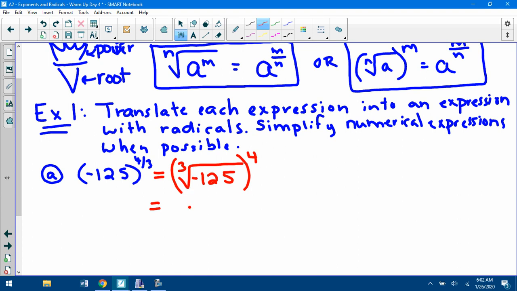So this is going to be negative 5 raised to the 4th. And if you don't know that, you can plug that into your calculator at this point. But negative 5 to the 4th, so negative 5 times negative 5 is 25, times negative 5 again is negative 125. If I multiply that by negative 5, you'll get positive 625.